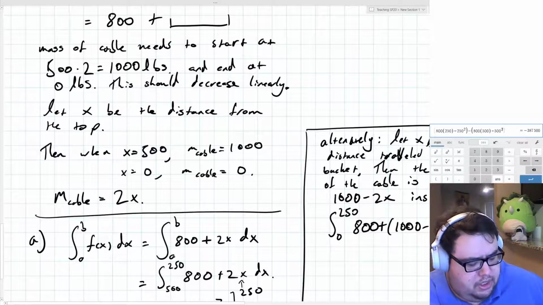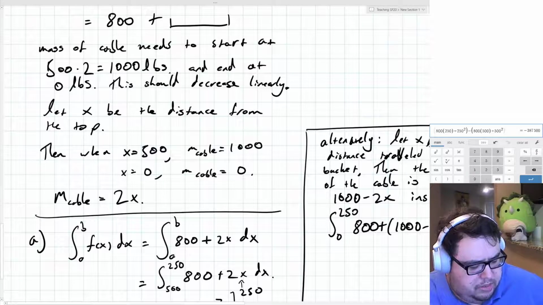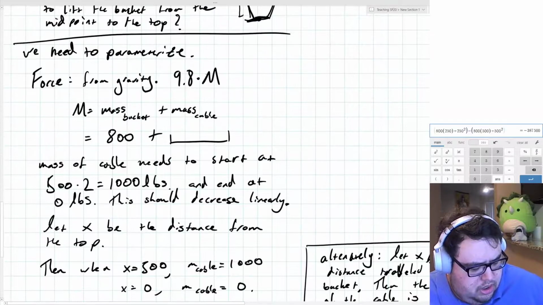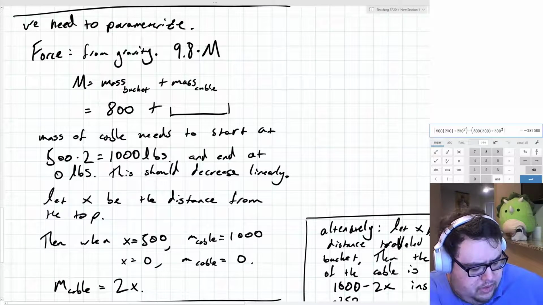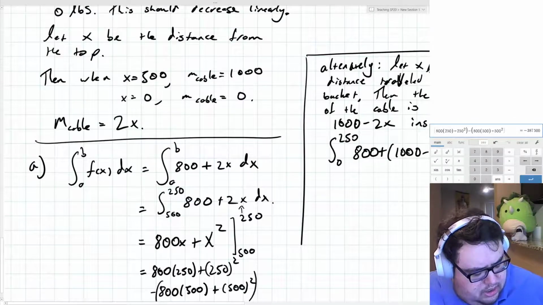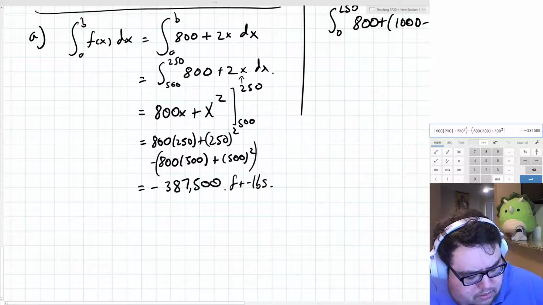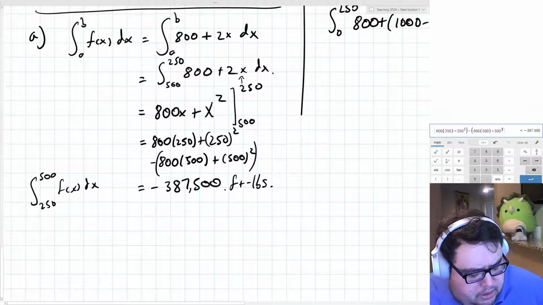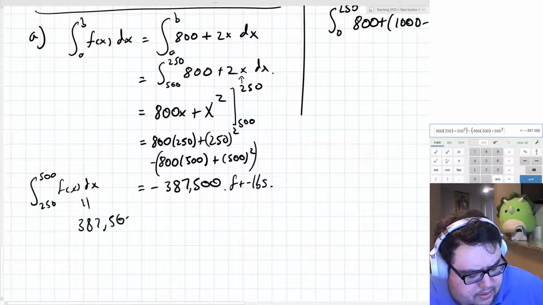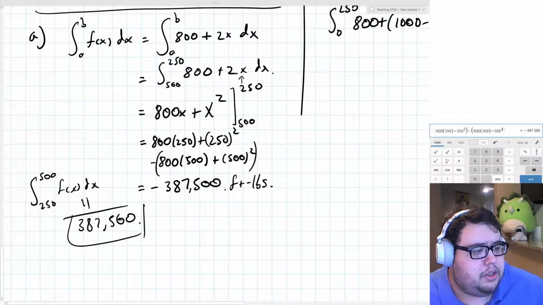So if we change it to the integral from 250 to 500 of f of x dx, switching the bounds like that will just result in switching the signs. The number is correct either way. It should definitely be 387,500 foot-pounds.